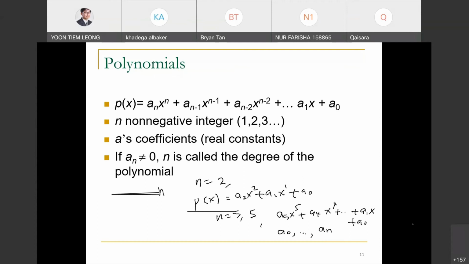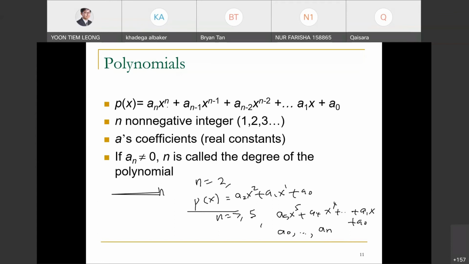Okay, so a polynomial of degree n has a highest order term with x power n, and it has coefficients starting from a0. So a0 is just a constant which is not multiplied with any variable x.